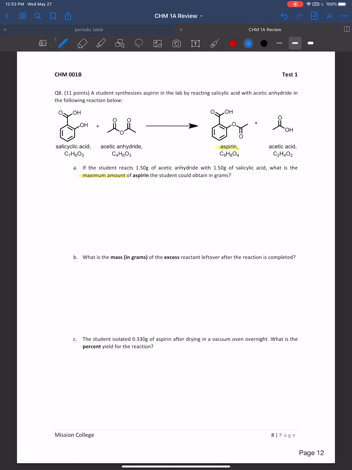And the limiting reactant produces the least amount of product.